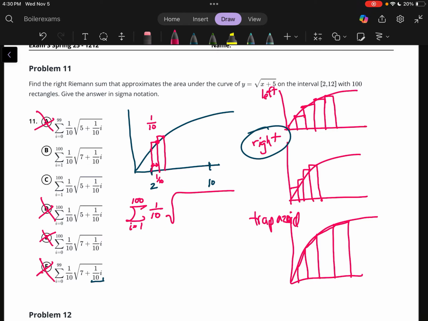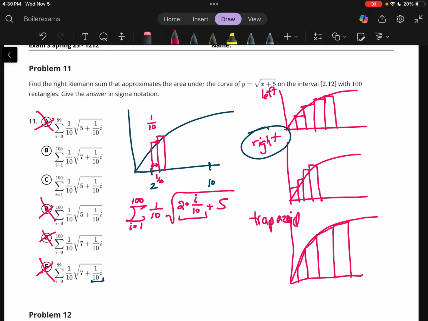So the height is going to be our given value of x plus 5. We just have to plug in something here because the height is going to be the value of our function. And since we're starting at 2, we need to add a 2. And then we need to do 2 plus the number of rectangles we've done so far, divided by 10.